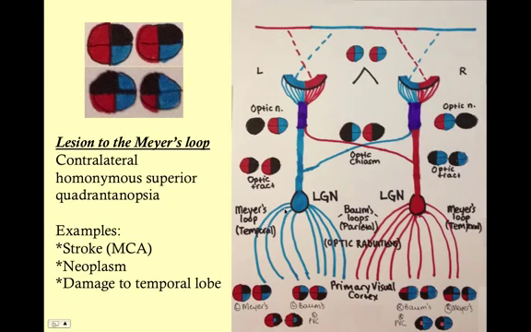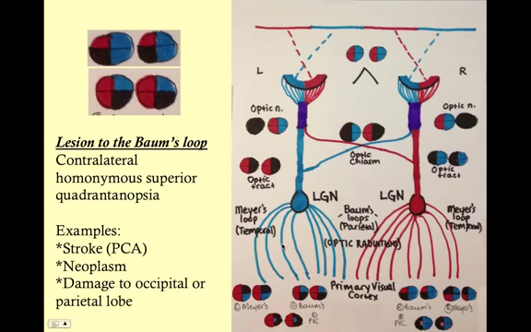Now, if you have damage to the Baum's loop, remember the Baum's loop contains information from the inferior part of the visual field. So it's kind of like a half optic tract deficit if you have a lesion to Meyer's or Baum's loop. Baum's loop contains the inferior part of the field. So this would be a contralateral homonymous inferior quadrantanopsia.